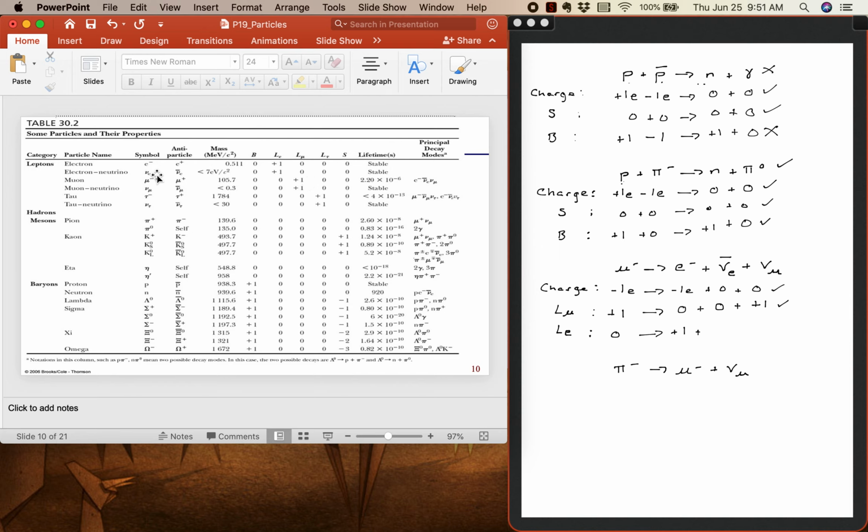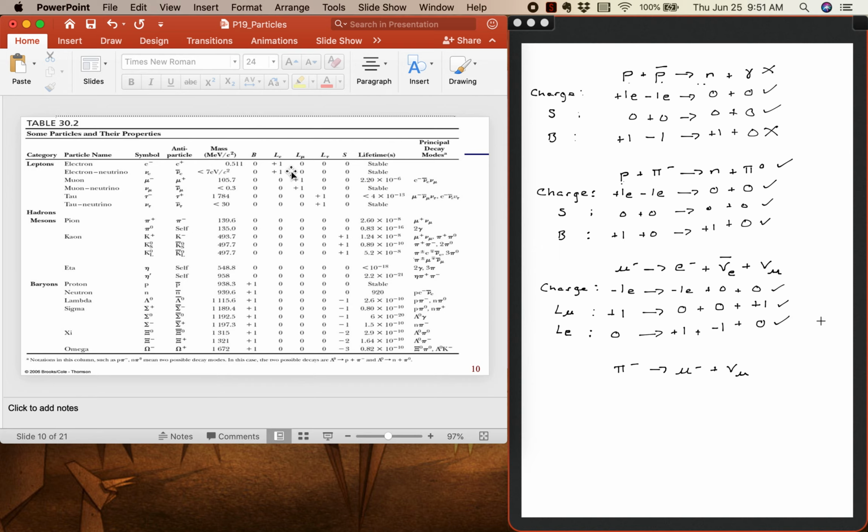You can see that this is the electron neutrino row. It has +1, and so we take the negative of that for the antiparticle. So this would be -1 for the electron lepton number. And then we have the mu neutrino, which has 0 for the electron lepton number. So we have 0 on this side, +1, -1, so that sums to 0 on this side. So that checks out as well.